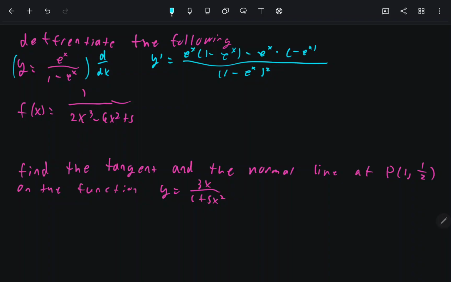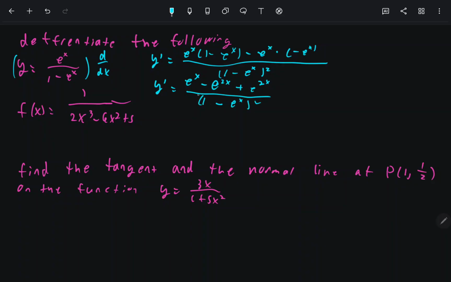I don't believe there's anything we can do with that. Maybe if I expand it out, we might be able to see something. y prime is equal to e to the x minus e to the 2x plus e to the 2x, all over 1 minus e to the x, squared.